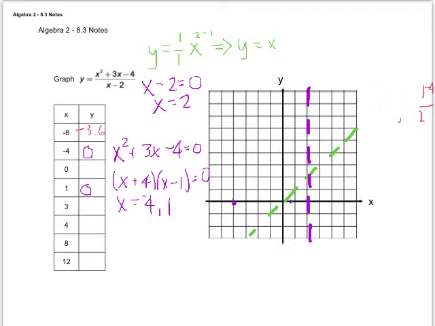And then substitute in the negative 4. So negative 4 squared plus 3 times negative 4 minus 4 over negative 4 minus 2. And guess what you should have on that one? Should be 0.